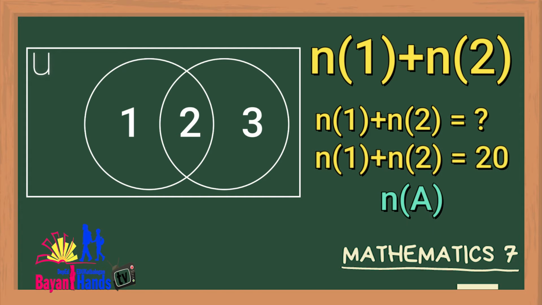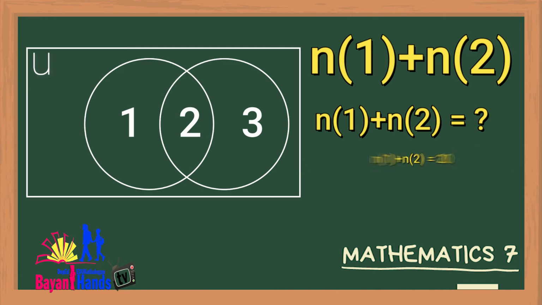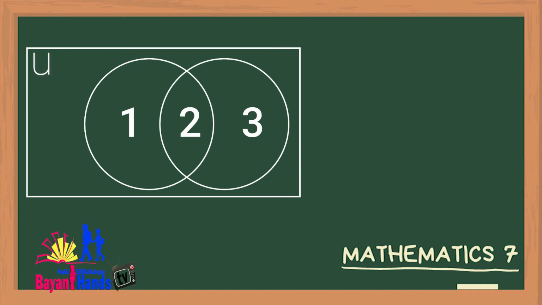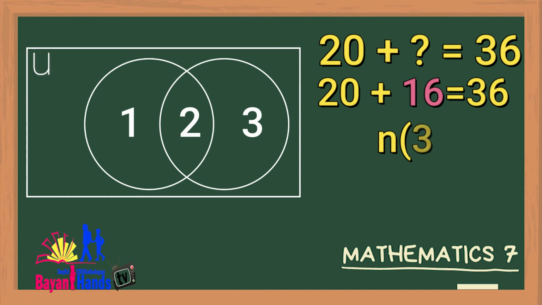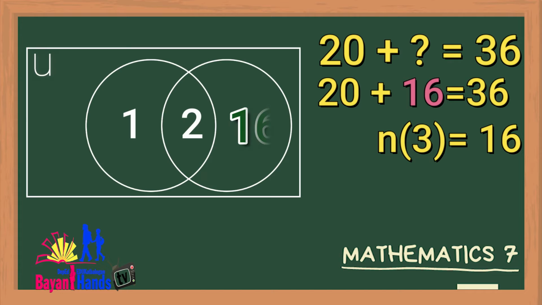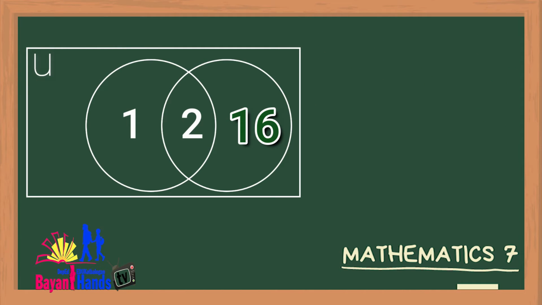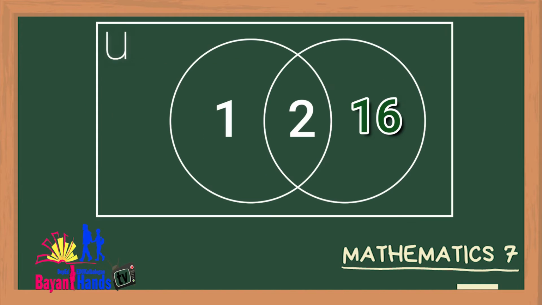Yes, 20, the cardinality of set A. If sections 1 plus 2 is 20, how much more is needed so that 20 plus section 3 is equal to 36? Yes, very good, 16. So therefore, section 3 is equal to 16. Can you write it there? Now, we know section 3 already, it's 16.